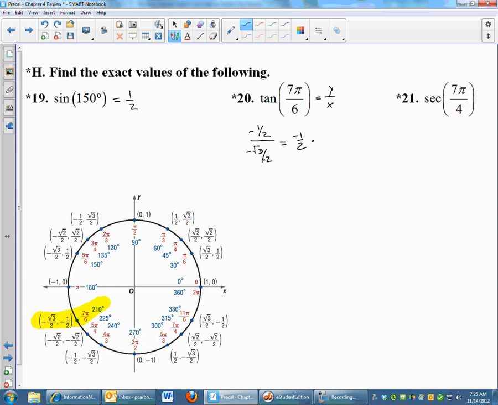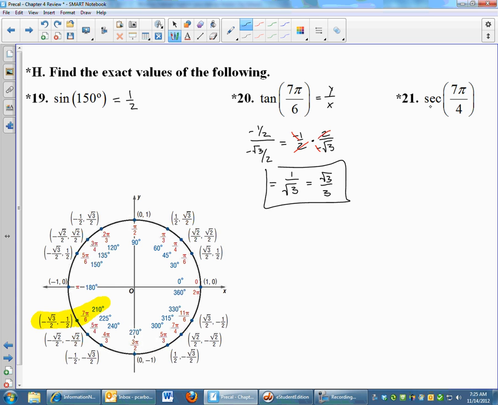If you divide by a fraction, you multiply by the reciprocal, and then we start canceling. 2 cancels 2. And the negatives cancel each other also, and we are left with 1 over the square root of 3, which I am perfectly okay with. If you want to rationalize it, that would be root 3 over 3. I would accept either one of them.